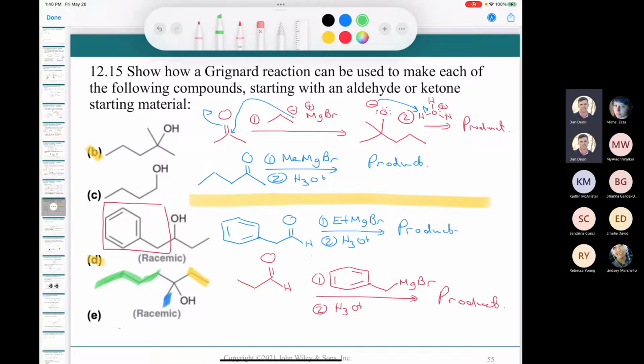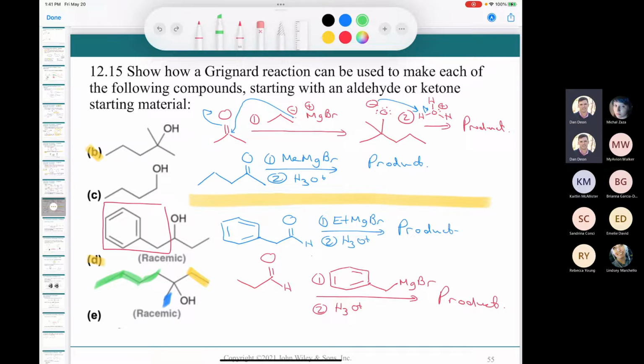You're treating it with the Grignard reagent, which is a nucleophile. It attacks the carbonyl, and then you protonate it to make an alcohol. If you're starting with an aldehyde, then you always end up with a secondary alcohol. And if you're starting with a ketone, then you end up with a tertiary alcohol. All right, any questions about that?